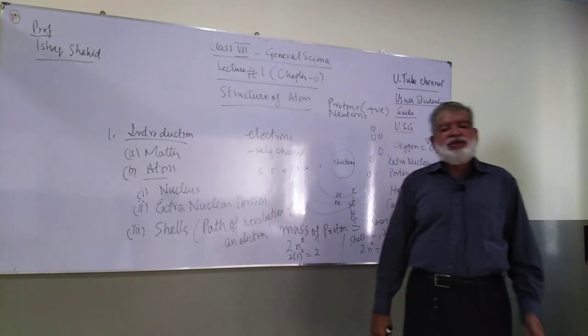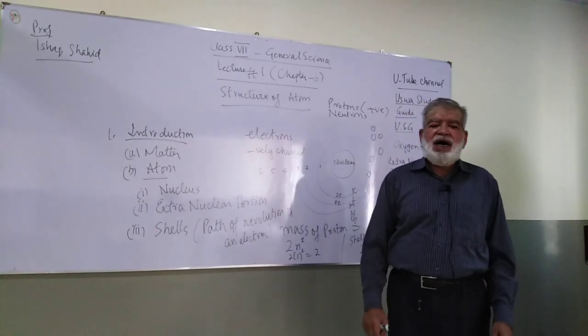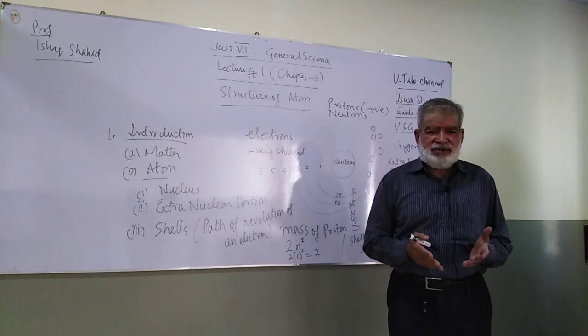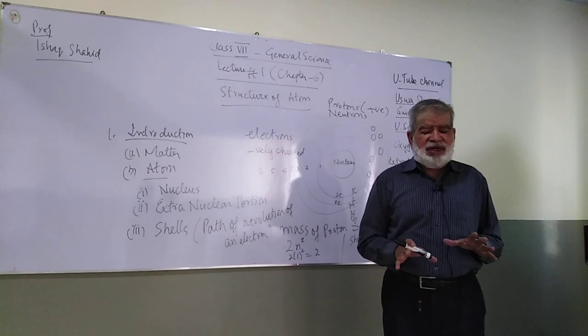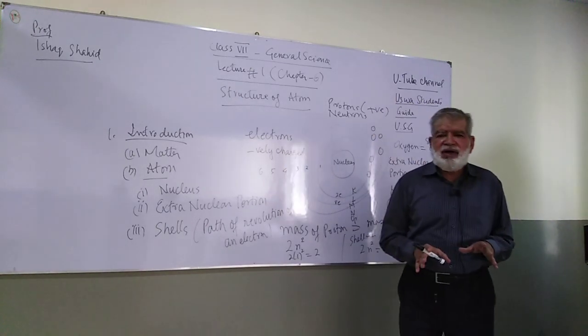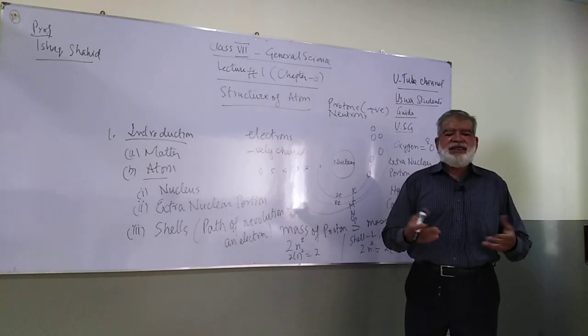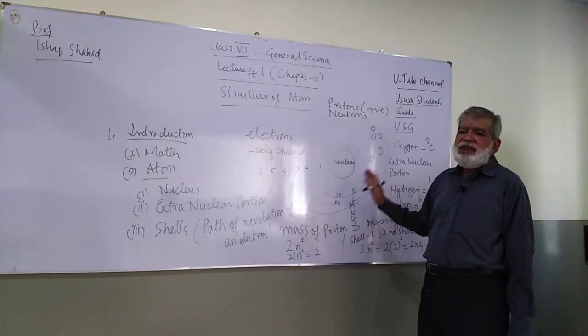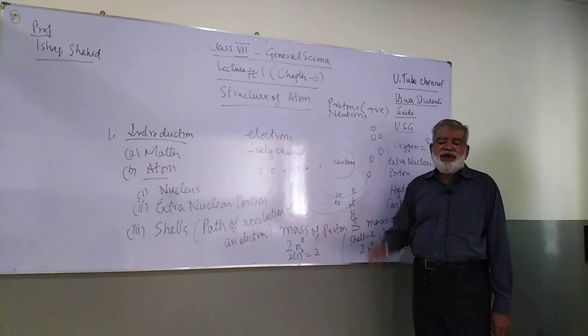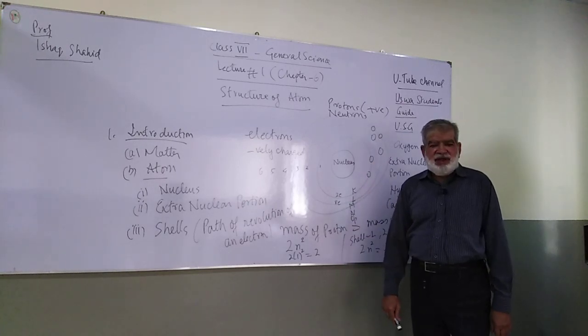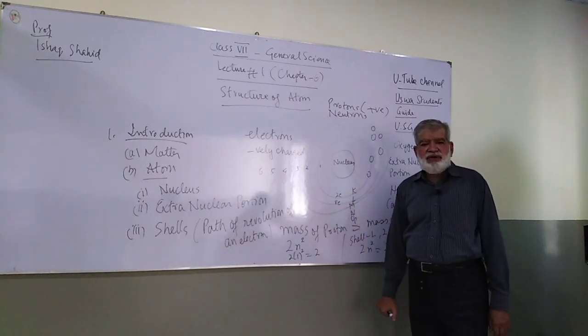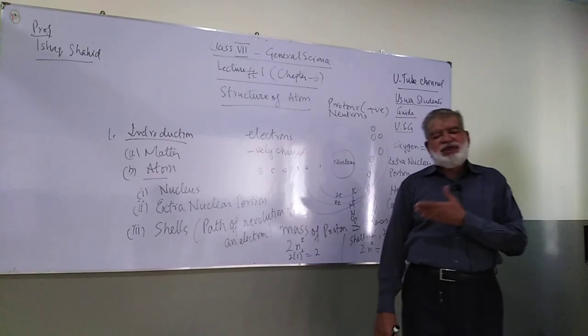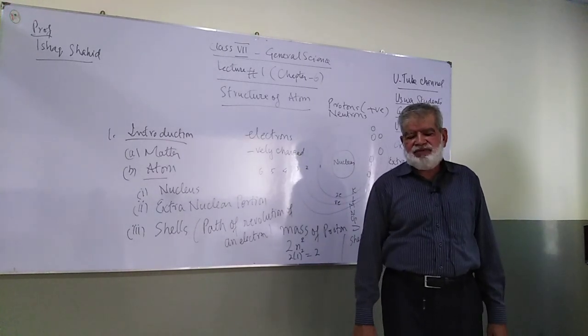So these shells are actually the path of the electrons. All matter, whether in solid, liquid or gas state, or a human being or animal, has the same structure of atom, and the distribution of electrons is also the same as I have explained to you.